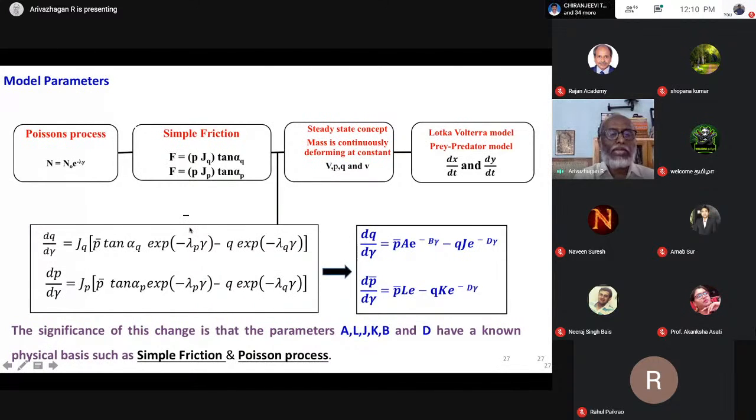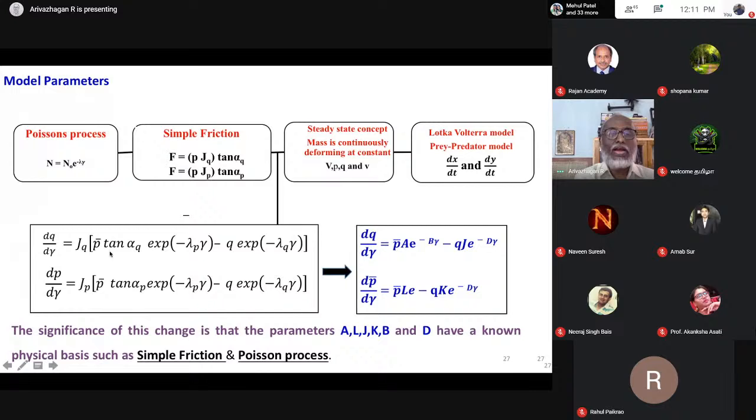I'm going to keep P dash as it is, but I'm going to replace JQ tan alpha Q by the term A. At the same time, I keep Q as it is, and JQ as J. Please listen. P dash I keep as it is.